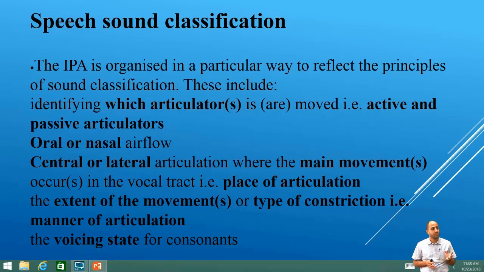And in addition to place and manner of articulation, we need to use a state of voicing, where we can divide sounds into either voiced or voiceless, depending on whether there is vibration in the vocal cords, where we have the voiced consonants, or there might be no vibration in the vocal cords. In this case, we will have the voiceless consonants.